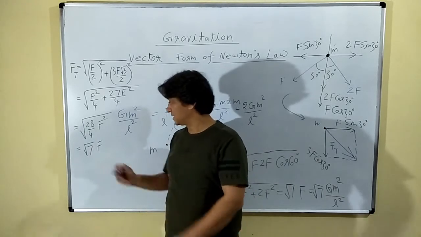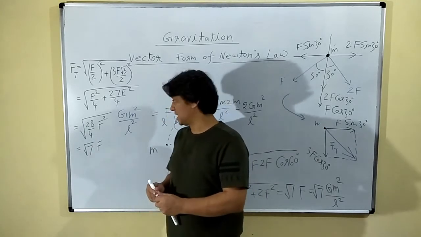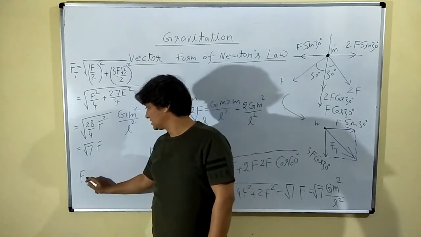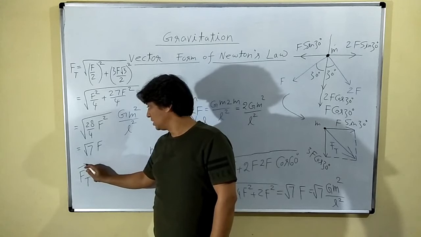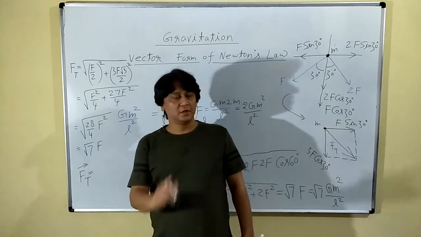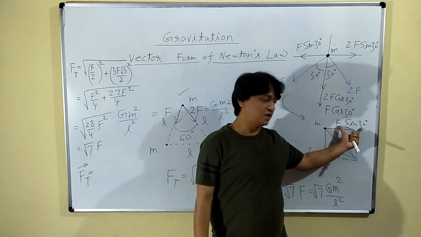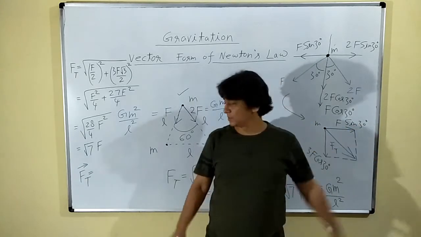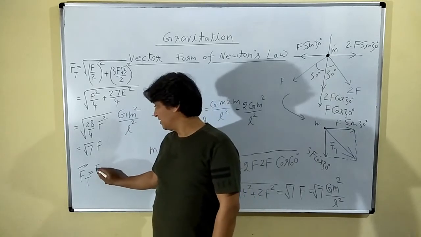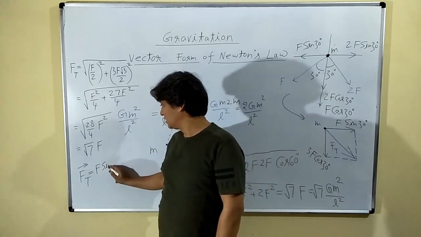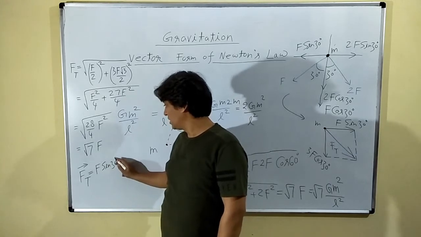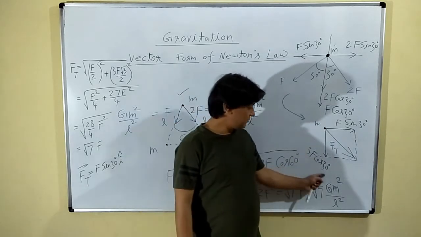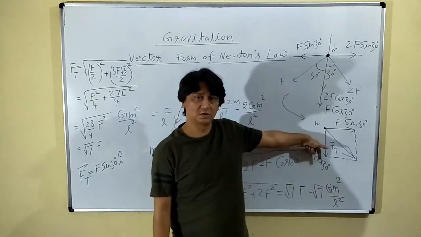कैसे? इधर देखना, लास्ट लाइन एफ टोटल को वेक्टर फॉर्म में रिप्रेजेंट करने के लिए. व्हाट इज एफ टोटल इन वेक्टर फॉर्म? दिस एफ टोटल हैज F sin 30 pointing in this direction. What is this direction? i cap. हमने यहां पर क्या लिखा? F sin 30 i cap. Then 3F cos 30 is pointing downwards.